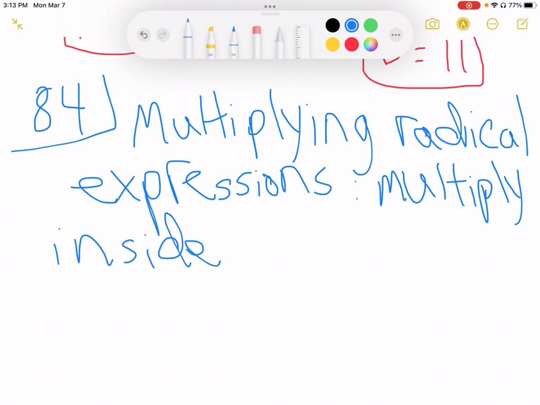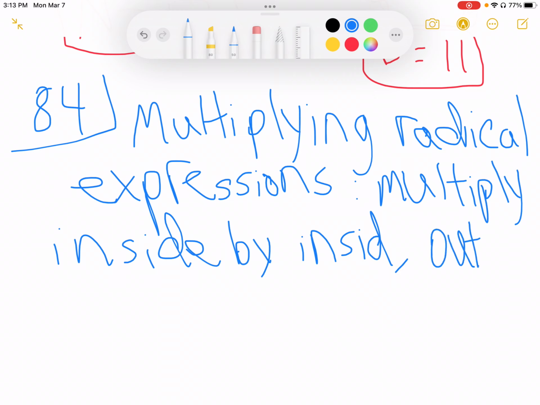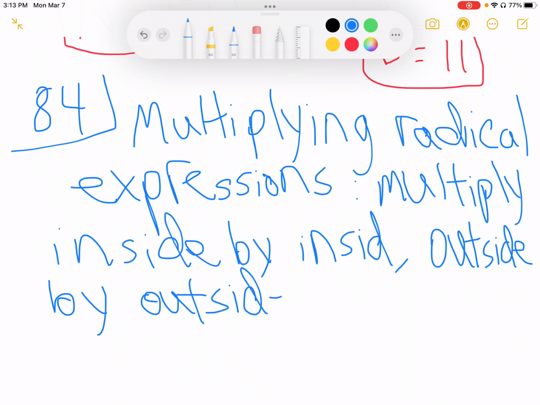inside by inside, outside by outside. Apologies for the sloppy writing with this pen here, but anyway, inside by inside.